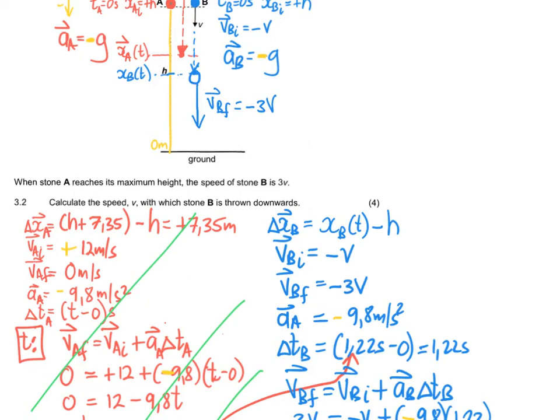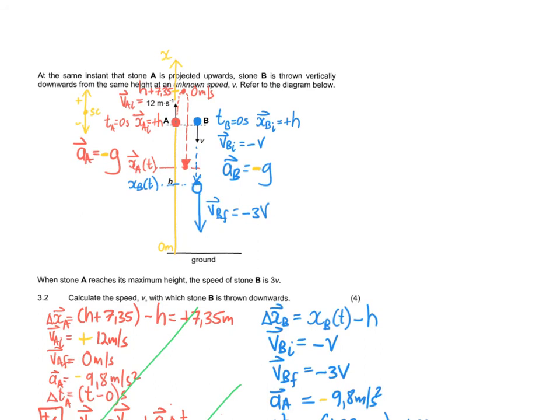The acceleration is minus 9,8 meters per second squared, and the time is 1,22 seconds, because the time it takes for object A to move from here to there is 1,22 seconds, and that's the same time it takes B to move from its original position, where it's thrown down at minus v, to accelerate to minus 3v.